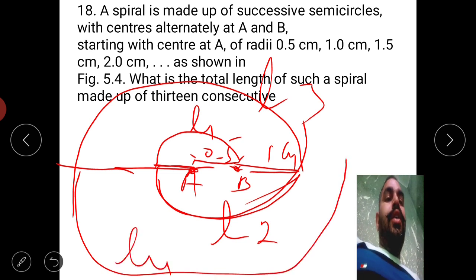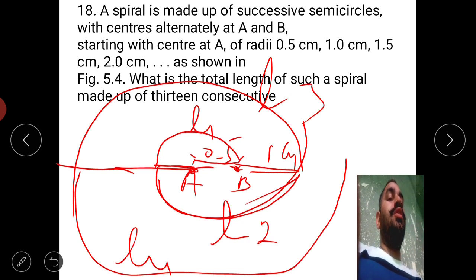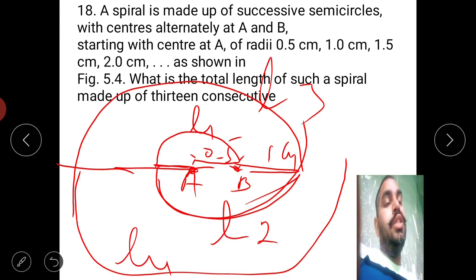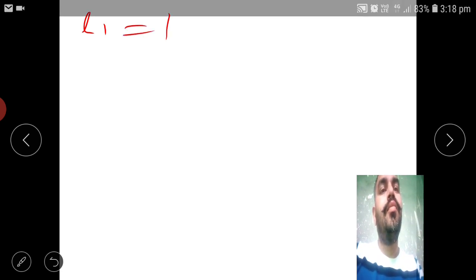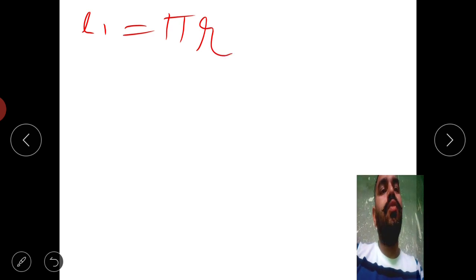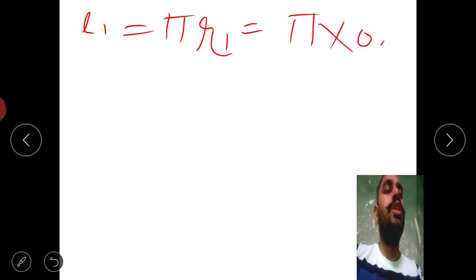And it is said, what is the length of such a spiral made up of 13 consecutive semicircles? It means there are 13. This L1, a length of first semicircle. What do you mean by the length? Length means circumference of the semicircle, and the circumference of the semicircle is pi r1, and r1 is pi into 0.5.